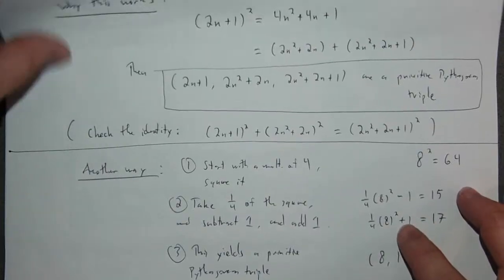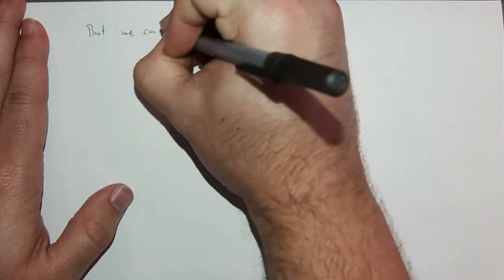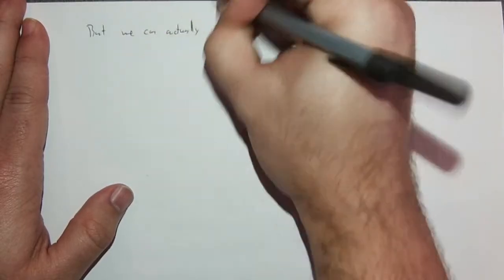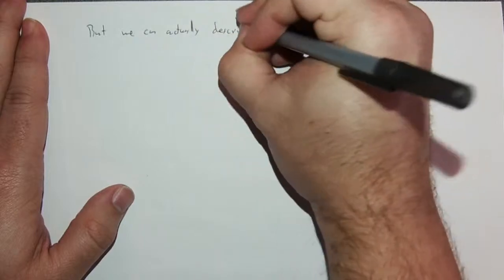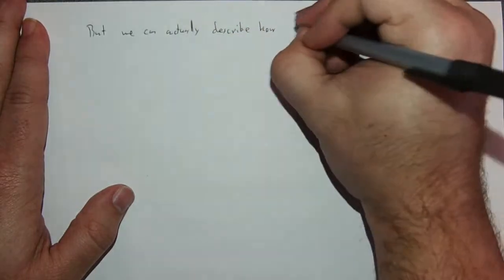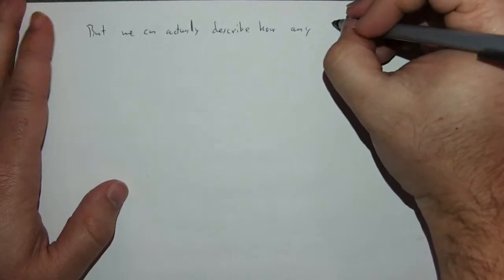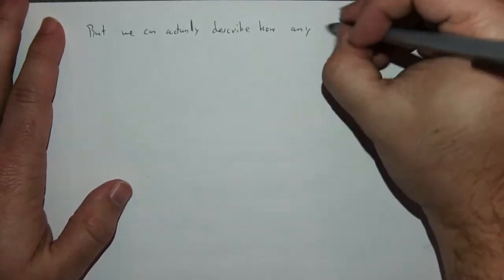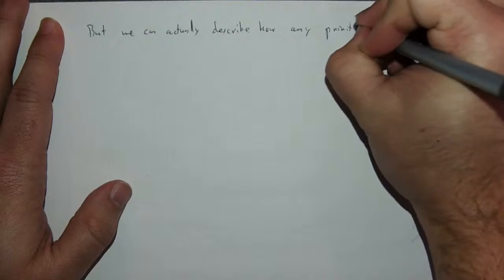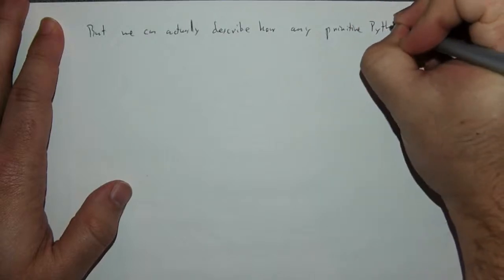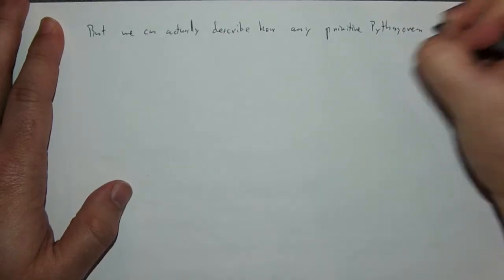So for that, I want to state the following theorem. So theorem, we can actually describe how any primitive Pythagorean triple is generated.